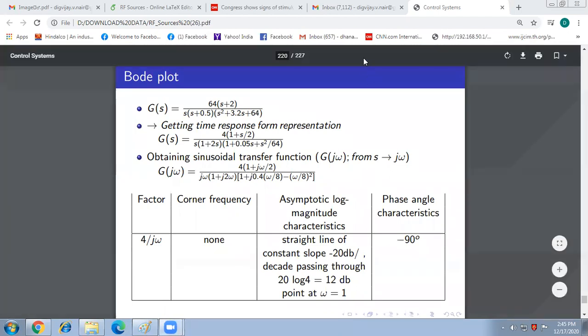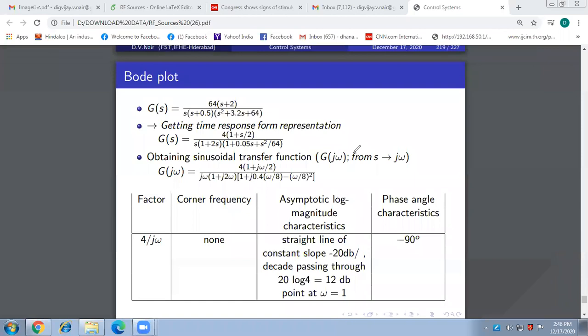time constant form, right? So what we do, we first get the given g of s into a time constant representation form. So you can see for this zero to be in time constant form, we take 2 common, right?